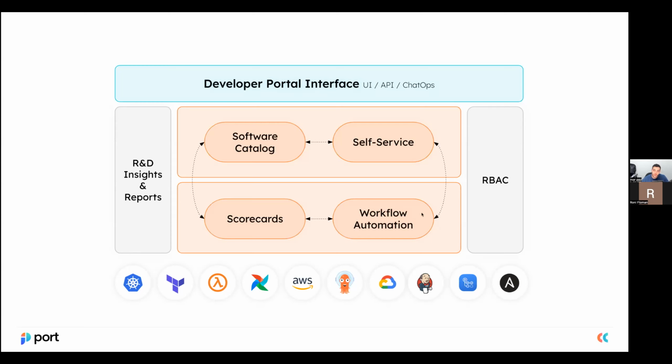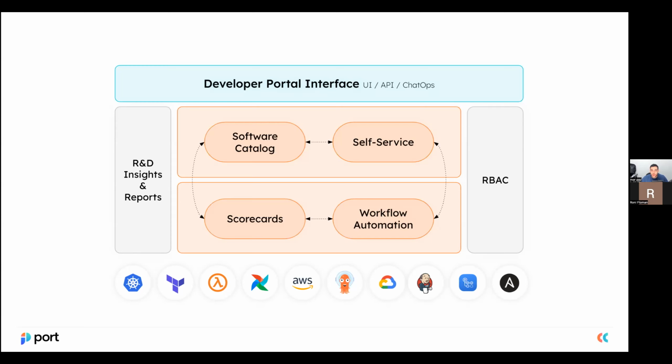Next, we have the workflow automation layer, which is meant to actually give machines the power to consume the software catalog and the developer portal features. Over time, we saw that companies use the great information that they ingest into the software catalog as a way to let their CI/CD or their deployments or just their running services and APIs make decisions, make calls, all of these sorts of things.